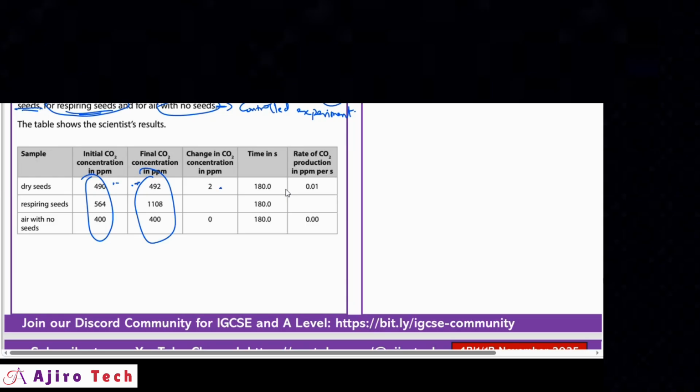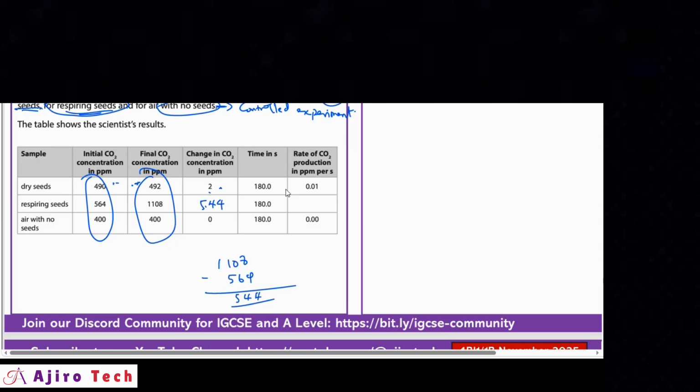As you can see, 492 minus 490 will give you 2. So this empty place, what you are going to fill in is 1108 minus 564, which gives 544.